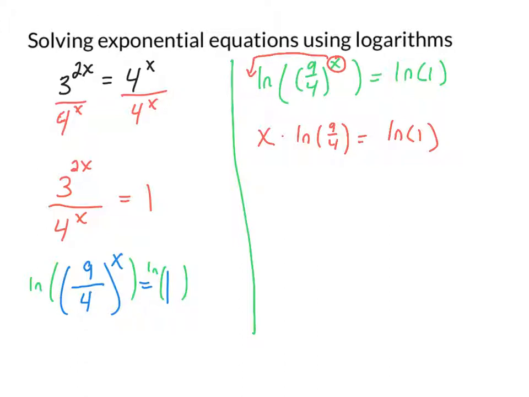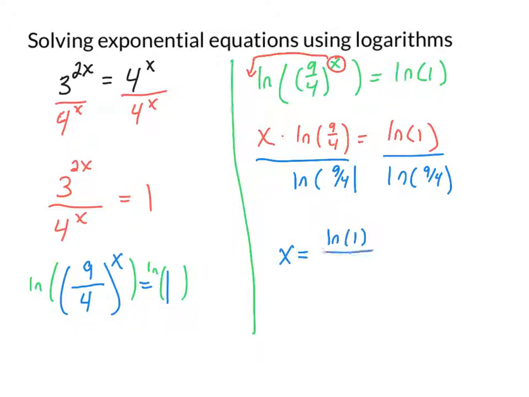To finish this off, I divide both sides of the equation by the natural log of 9/4. And what I get is x is equal to the natural log of 1 divided by the natural log of 9/4.